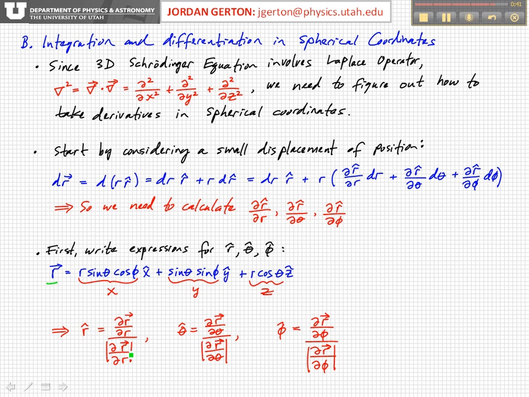And the same thing for theta hat and phi hat. We take the partial derivative of the position vector r with respect to theta and divide by the magnitude of that, and same thing for phi hat, the partial derivative of the position vector with respect to phi, divided by the magnitude of that. So if we do those systematically on this expression for r, then we'll get r hat, theta hat, and phi hat.